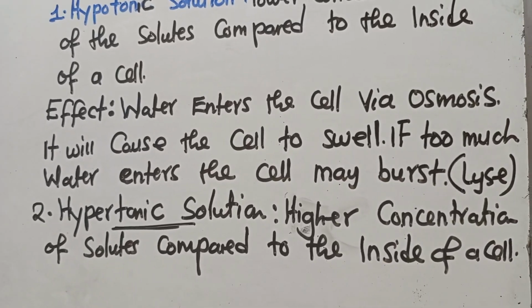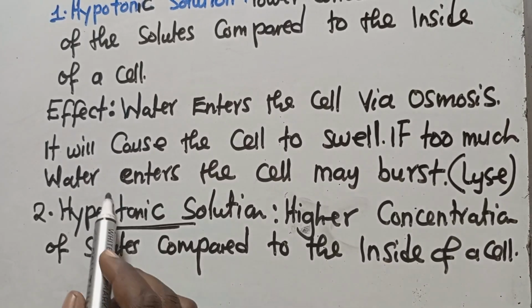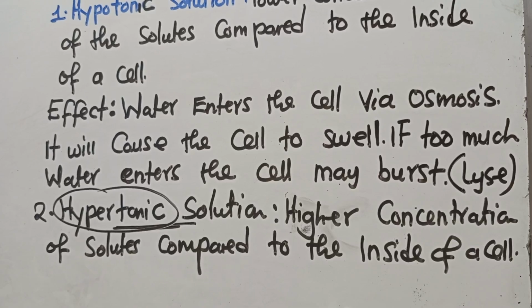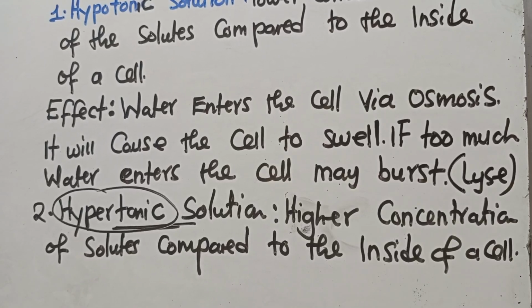Whenever we are talking about a hypertonic solution, we are talking about a solution that has a higher concentration of solutes compared to the inside of a cell. And the effect seen on the cell is that water leaves the cell to balance the solute concentration, leading to cell shrinkage, where a cell shrinks.